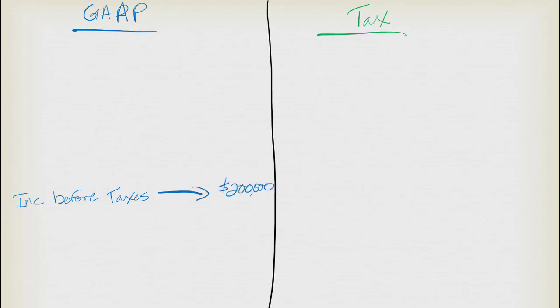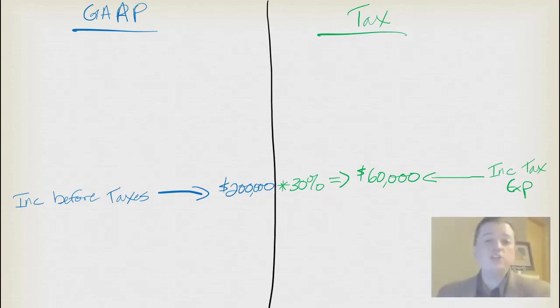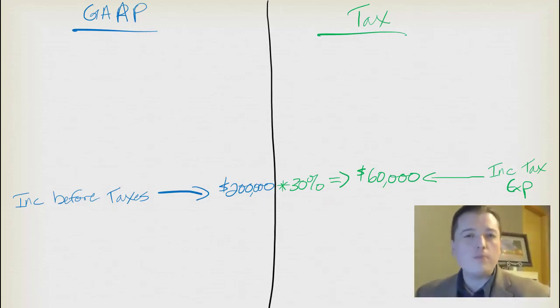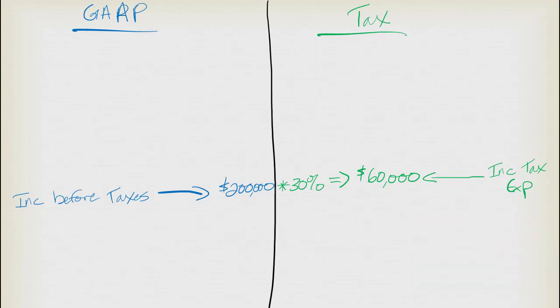My tax rate is 30%, which leads to $60,000 of income tax expense. And if there's no differences between GAAP and tax rules because we're a small business, then that's it. I'm done. My income tax expense equals what I remit to the government and everything's fine.